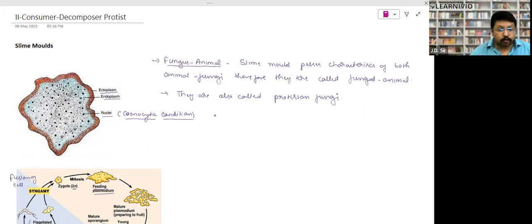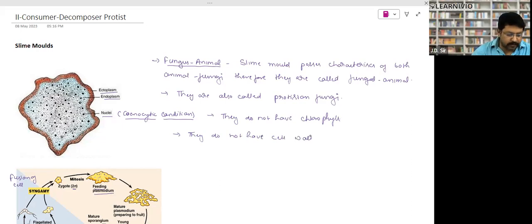They do not have chlorophyll, which means they are not green. Chlorophyll is not formed. They do not have a cell wall, right?